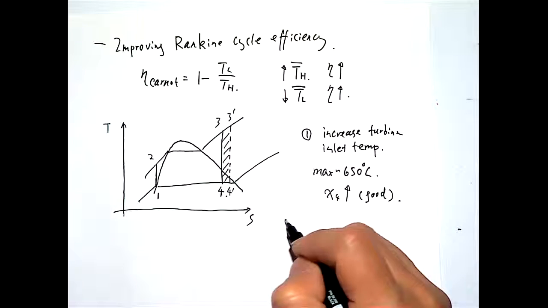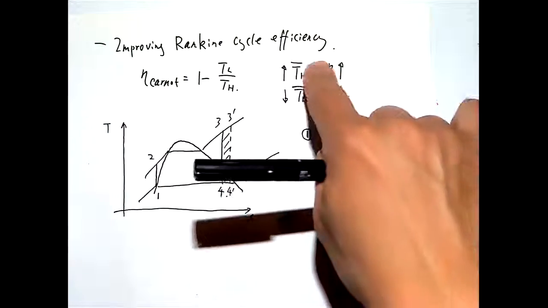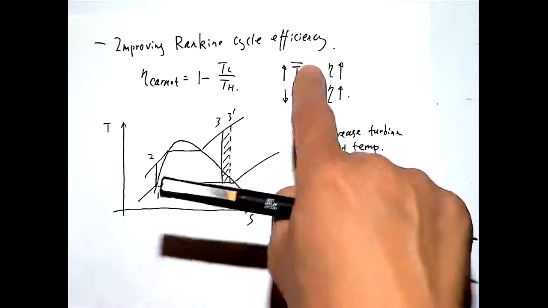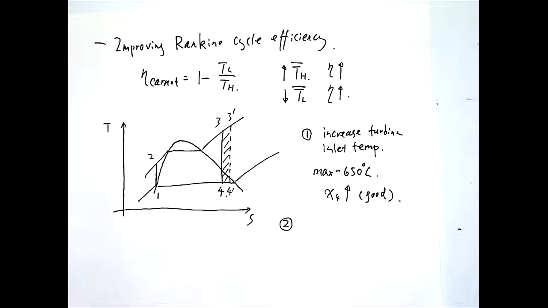The other way you can utilize the first principle, or first rule of thumb, to raise the average temperature during heat addition is to increase the pressure during the heat addition. All right.